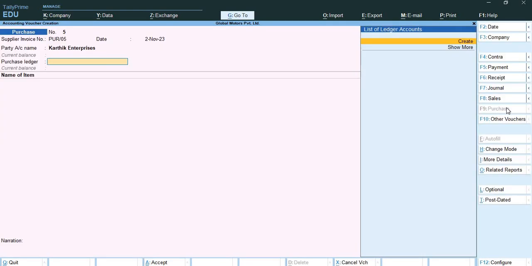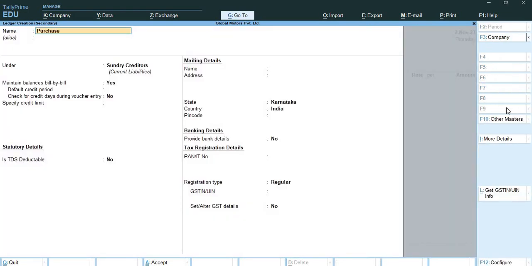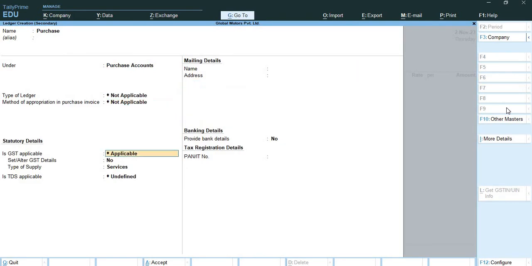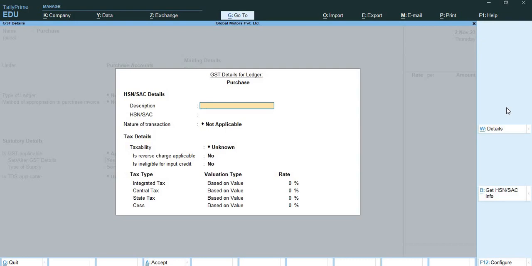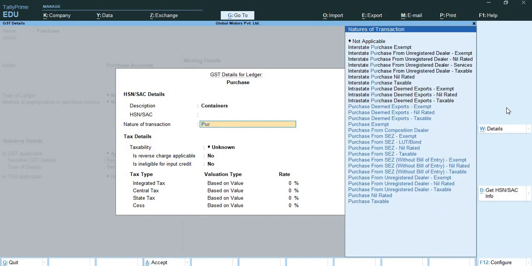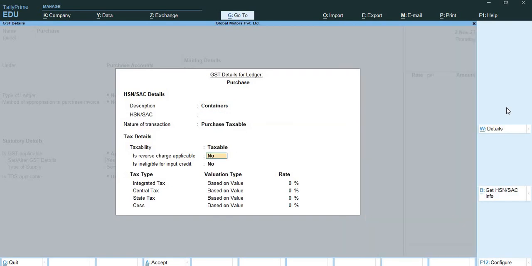Here I will create a ledger of purchase account under purchase group. Here I'll apply the GST and settle all GST details. I'll add containers over here. Here I'll select purchase taxable 18%.